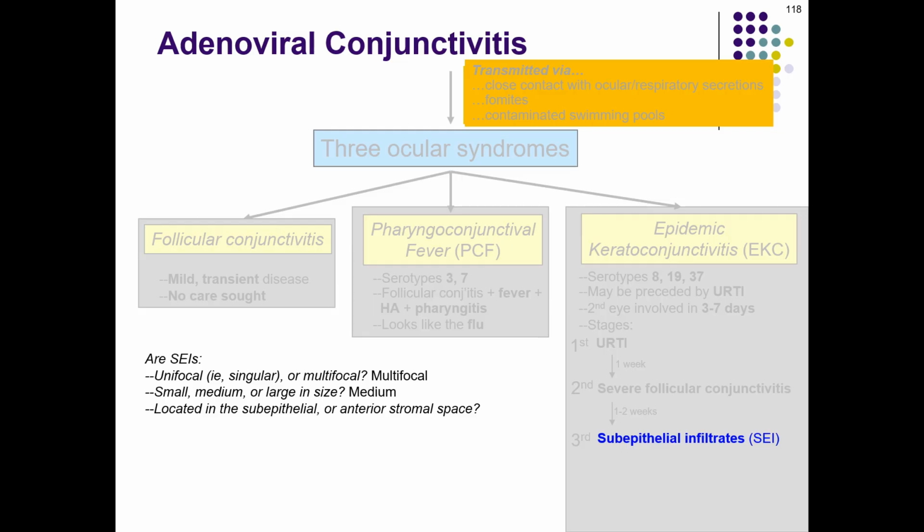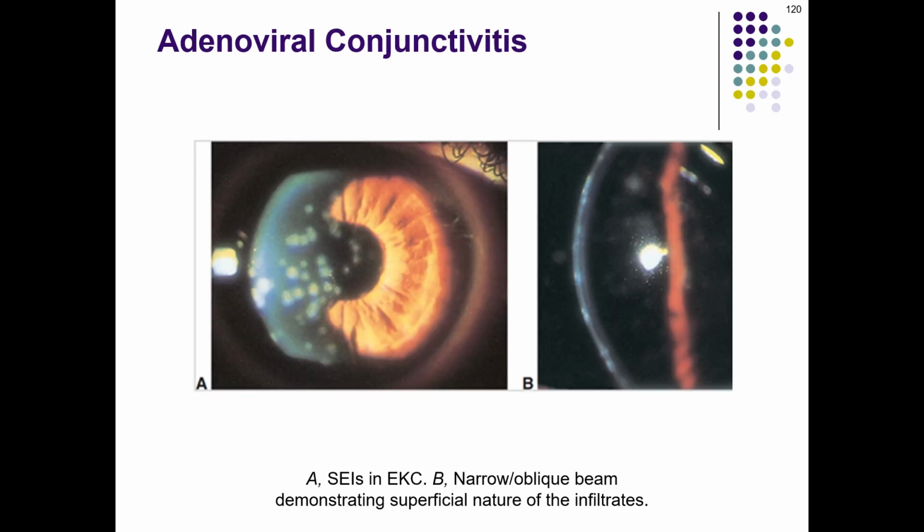It's called subepithelial or anterior stromal space. Actually, either one or both can be located subepithelial or anterior stromal. The main point is that they are superficial. And this photo shows medium-sized subepithelial infiltrates caused by adenovirus, and the slit beam section shows that they are superficial in the subepithelial or anterostromal space.